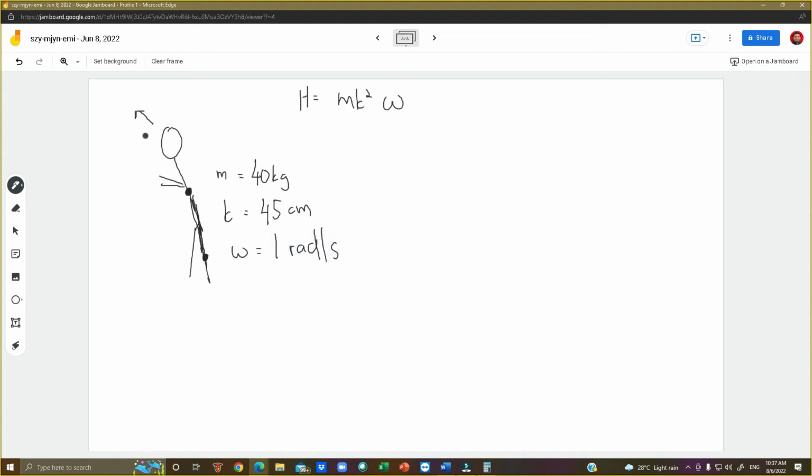So now please let's calculate the angular momentum here, phase 1. H1 equals mk square omega. Omega ni.